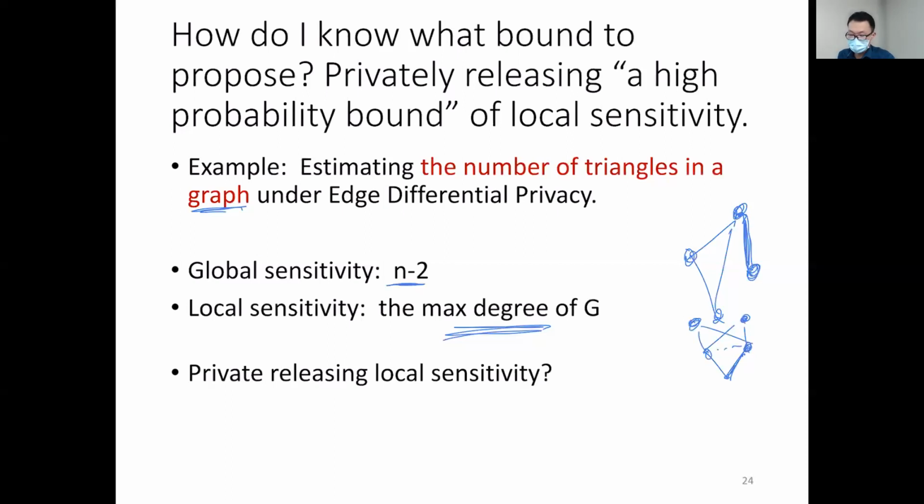So now we're talking about differentially privately releasing the local sensitivity itself. If we can do that, then we can construct differentially private upper bounds and lower bounds of the local sensitivity, and that allows us to add noise according to this privately released upper bound.